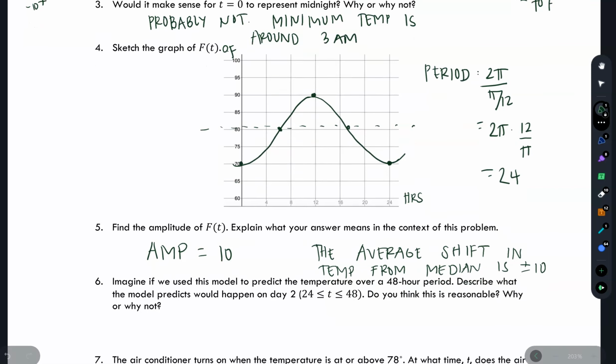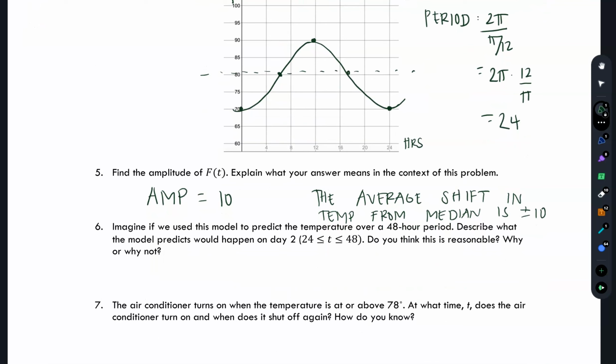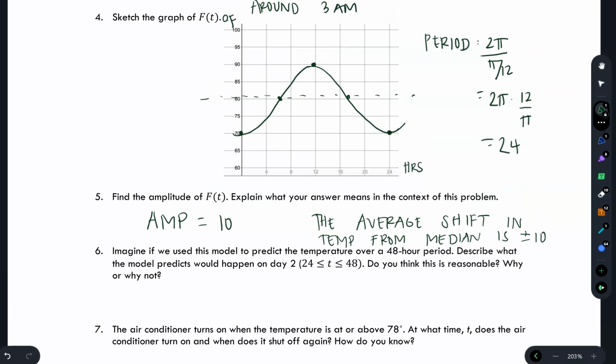Okay, so let's look here. Imagine if we use this model to predict the temperature over a 48-hour period. Describe what the model predicts would happen on day 2. So the hours between 24 to 48. So what do you think is going to happen?